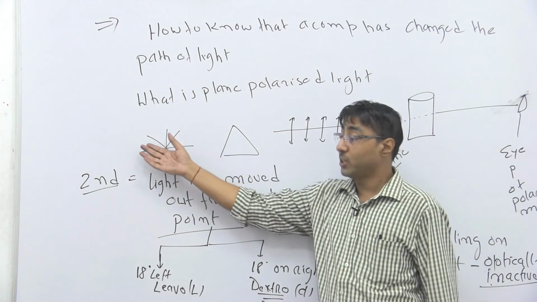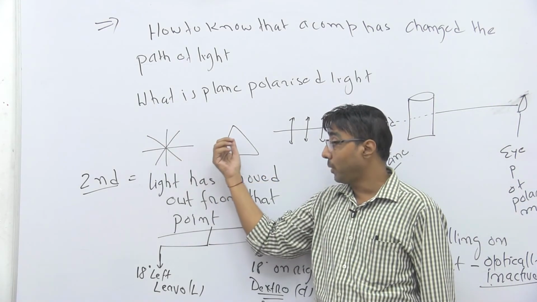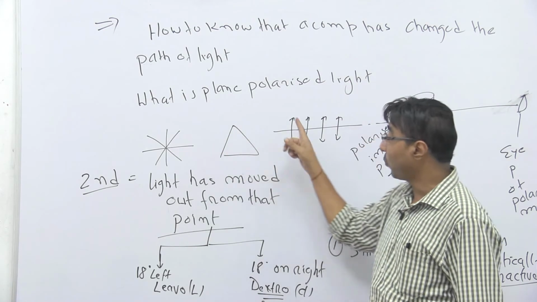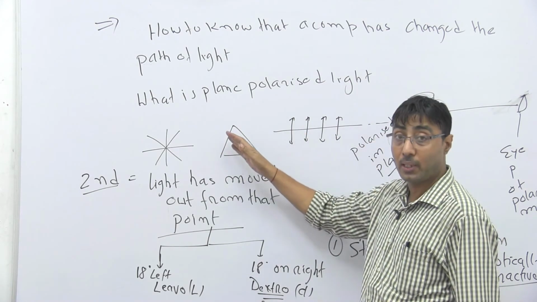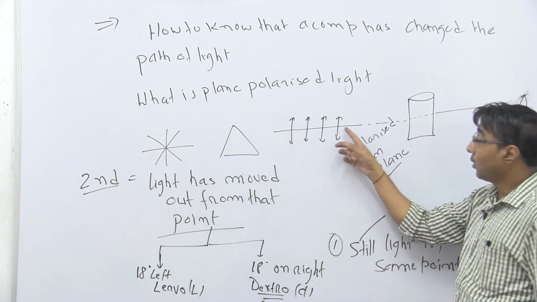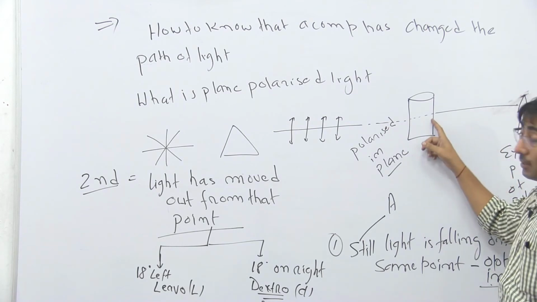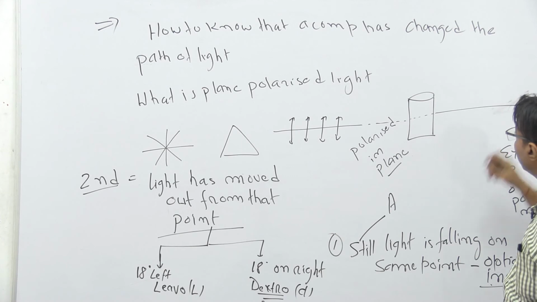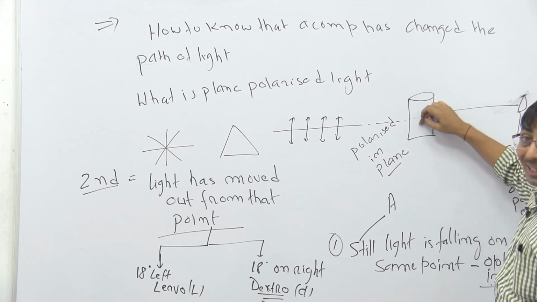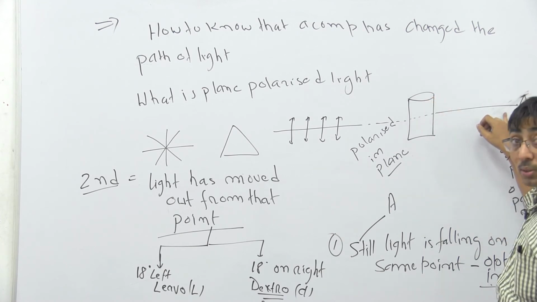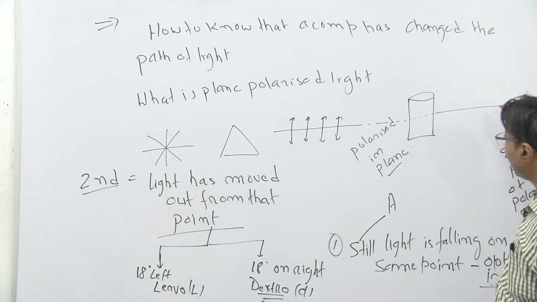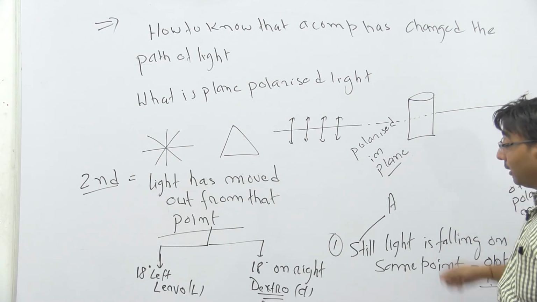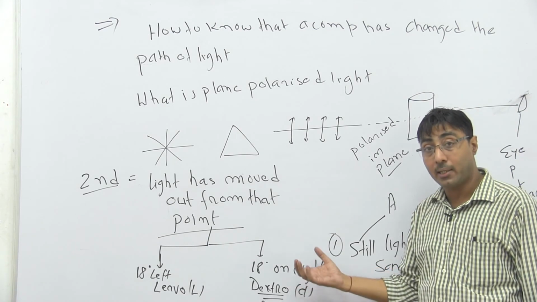So this is the entire story of plane polarized light. This is the light which falls in all axes; when it passes through the Nicol prism, all axes except one are filtered out. Now the eyepiece of the polarimeter is set in such a way that this light falls on the center of the eyepiece. When we keep a chemical A, the light may fall to that point or may not. If the light falls at the same point, the compound is optically inactive.